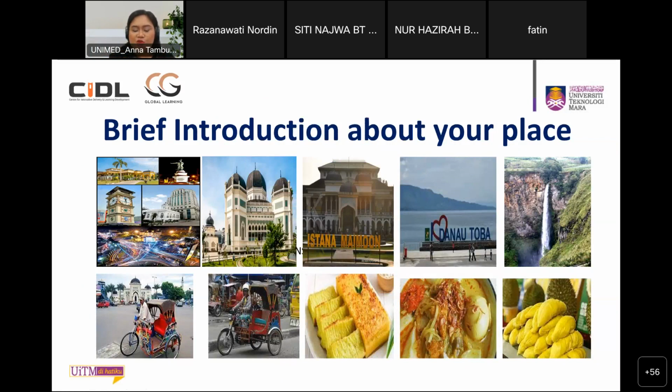North Sumatra is a province of Indonesia located in the northern part of the island of Sumatra. Its capital and largest city is Medan, of course. North Sumatra is the fourth most populous province after West Java, East Java, and Central Java.